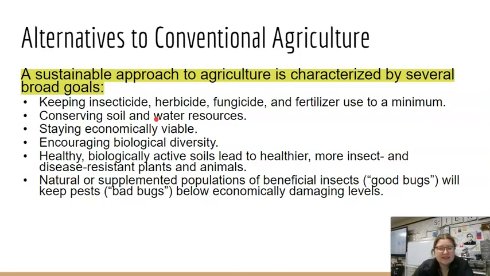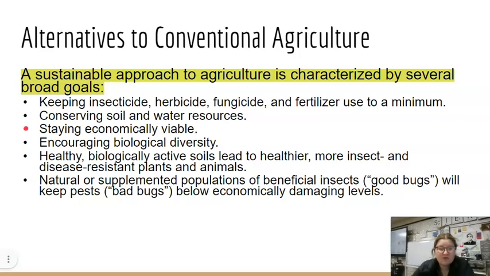So if we're looking at a sustainable approach to agriculture, it's characterized by several broad goals. First, we want to keep insect, herbicide, fungicide, and fertilizer use to a minimum. Remember, this is the difference between sustainable and organic. Sustainable is we might use these things in moderation, just a little bit, but we're not going to fully rely on them. Sustainable agriculture also wants to conserve soil and water resources and stay economically viable, so it needs to make financial sense.